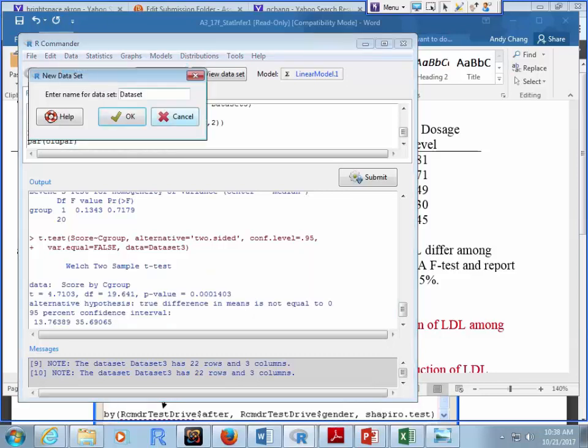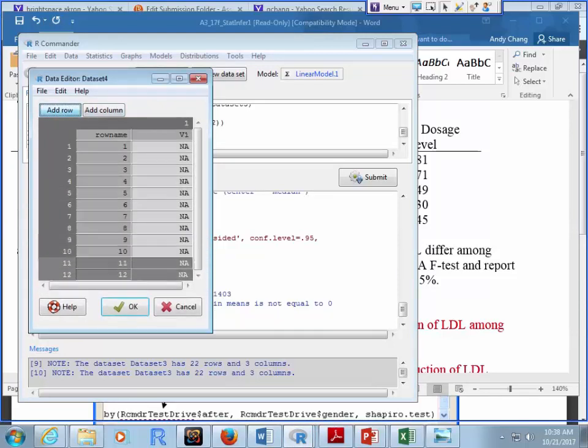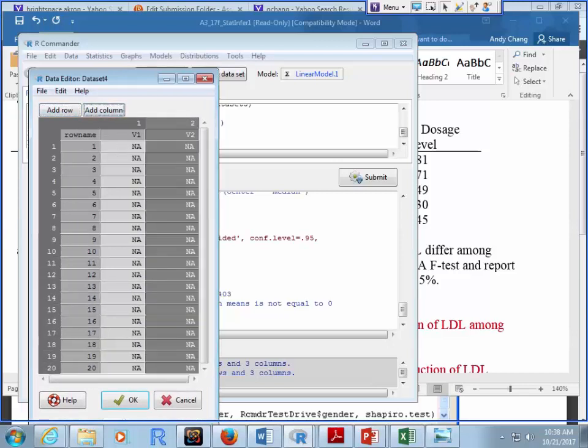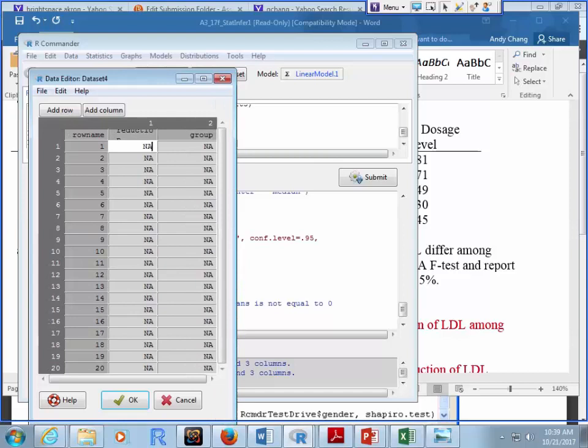Create another data set, this time called data set 4. Then I have 20 rows, and another variable, so I have a group variable and a reduction variable. Make it bigger.